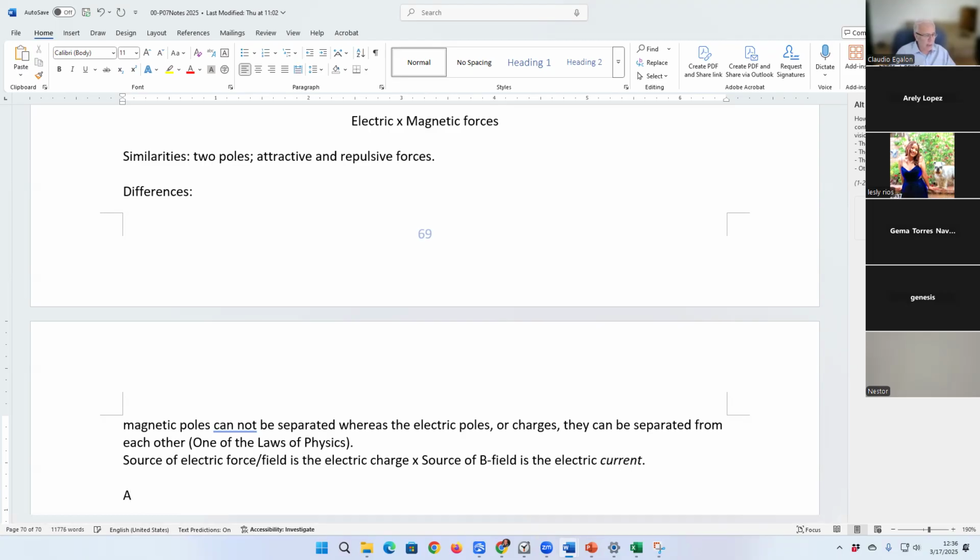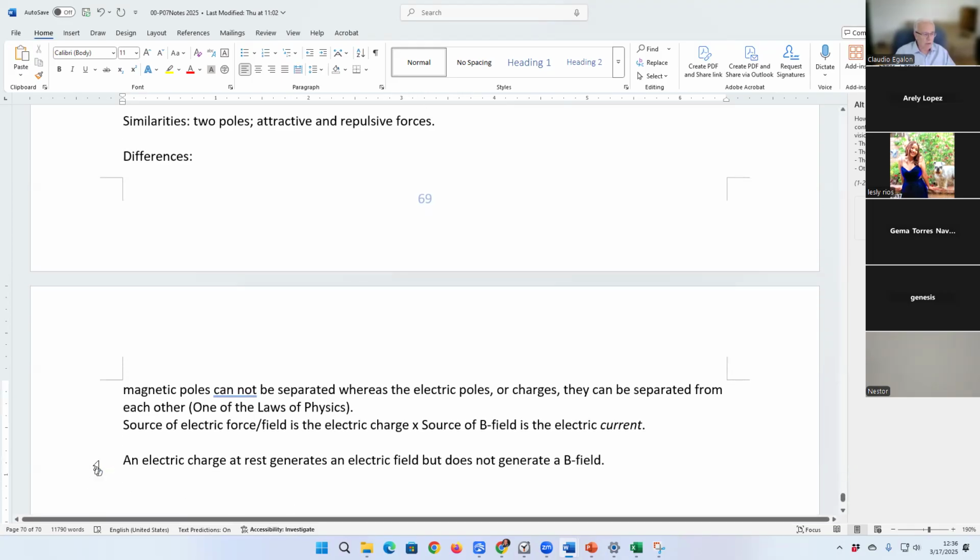So an electric charge at rest generates an electric field, but does not generate a magnetic field, a B field.